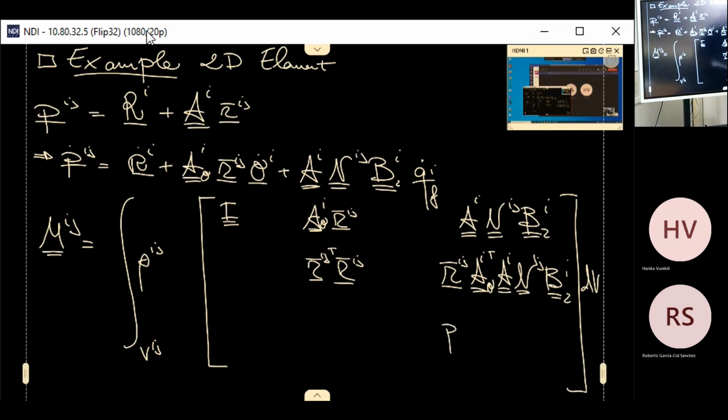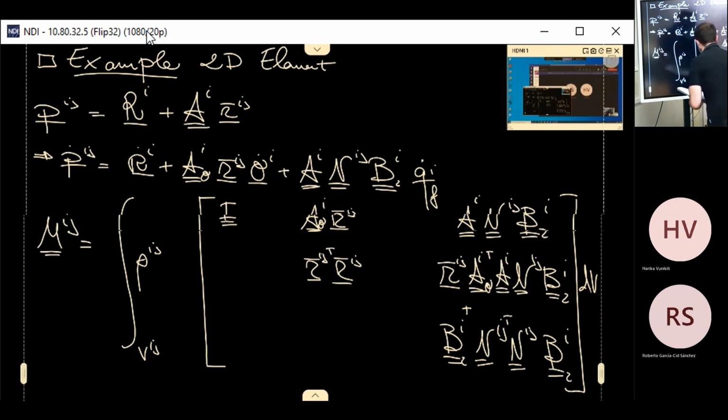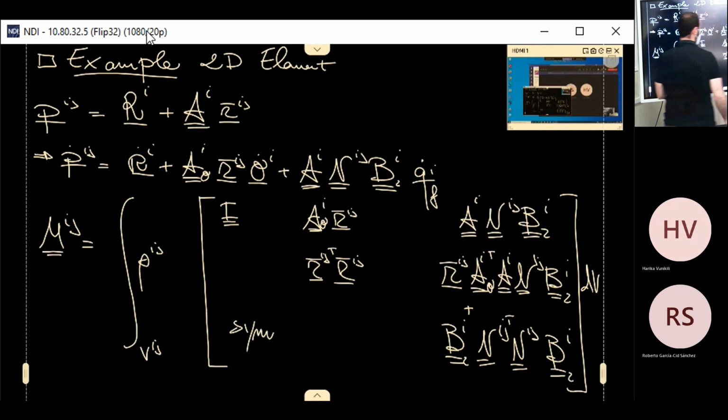And then eventually B2_i transpose applied over N_ij transpose applied over N_ij applied over B2_i. Okay, and here everything is symmetric.